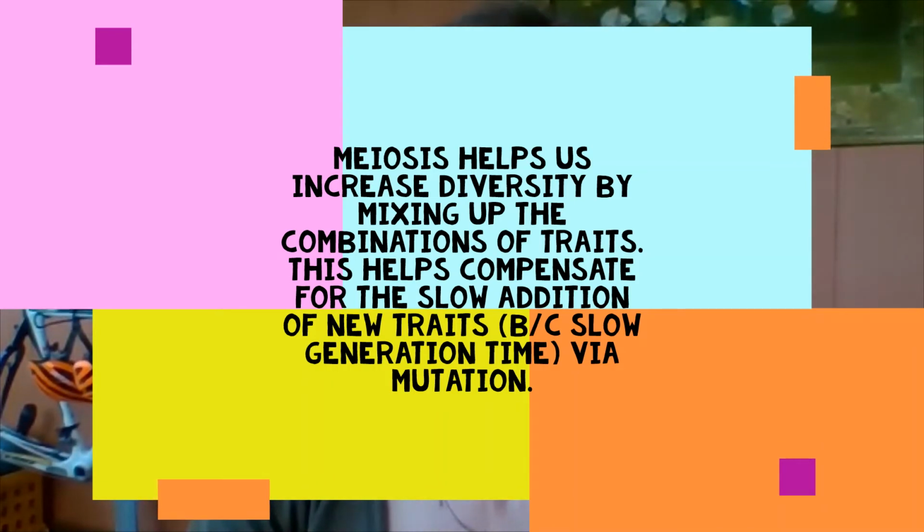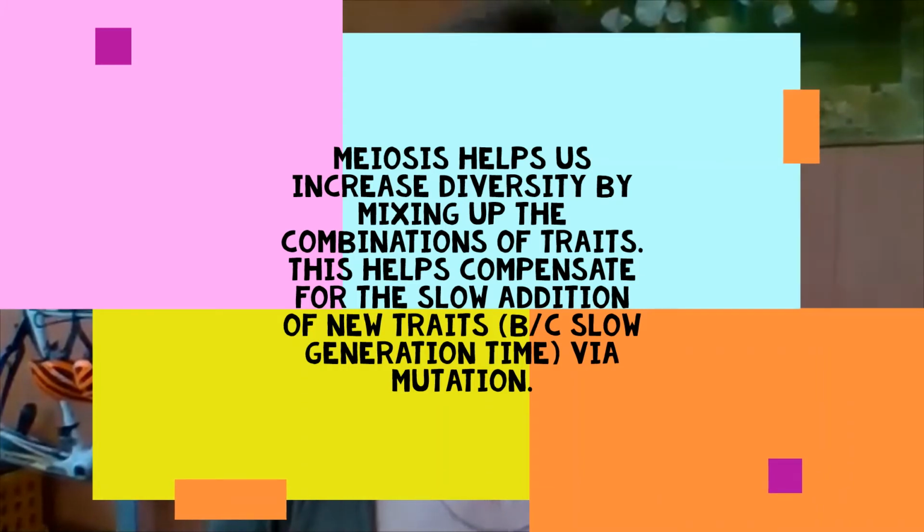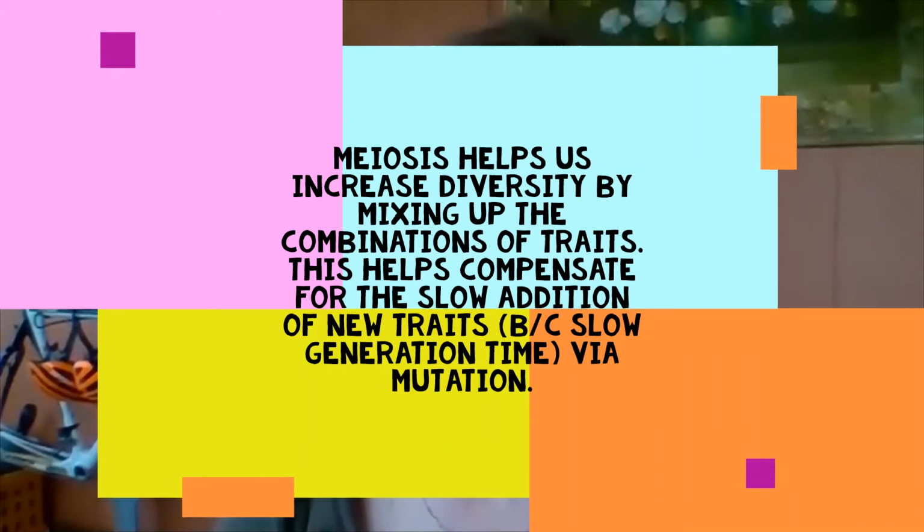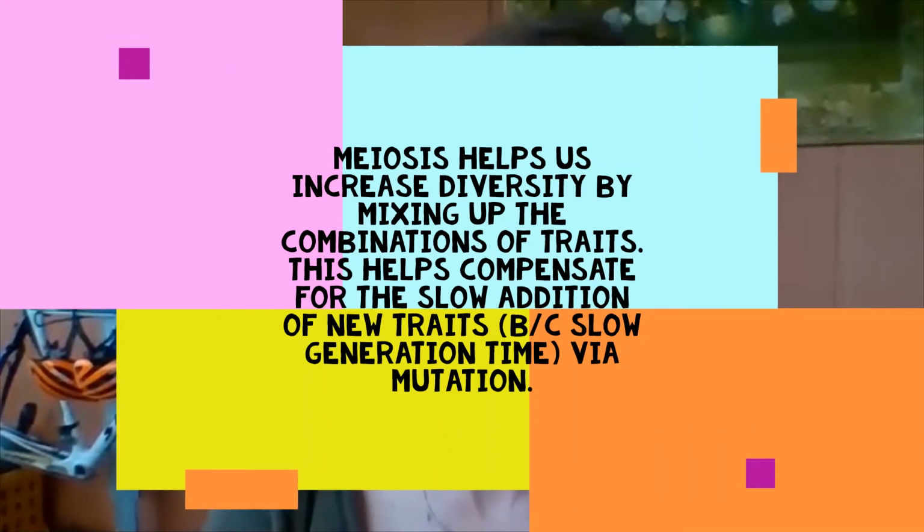But with slow generation time and the same mutation rate as a virus would have, but more DNA, so more things that could get mutated, it's still such a slow process.